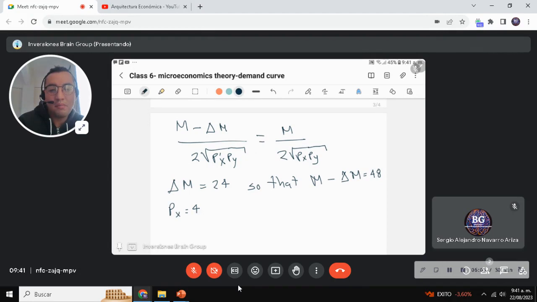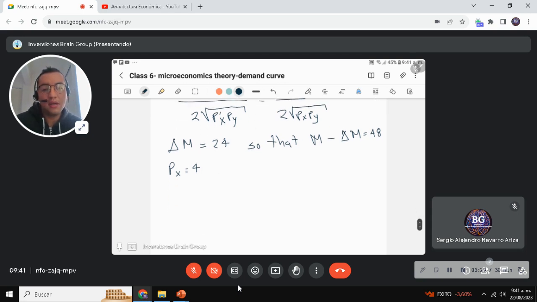Under the compensated price change, the demand is 6. Therefore, the substitution effect is 2. It follows that the rest of the change is the income effect. Since the total price effect is 5, the income effect is 3.